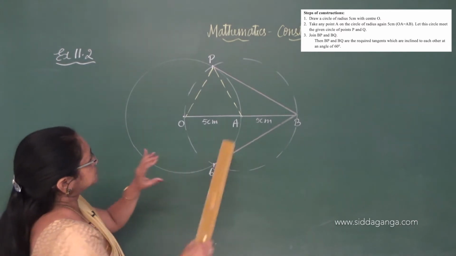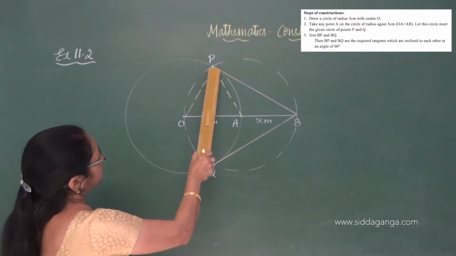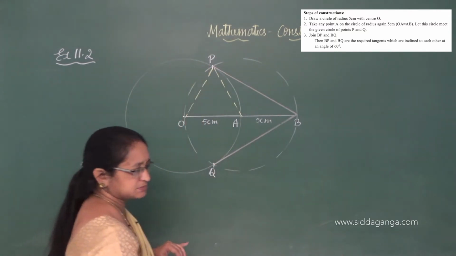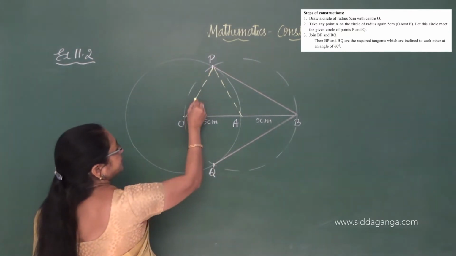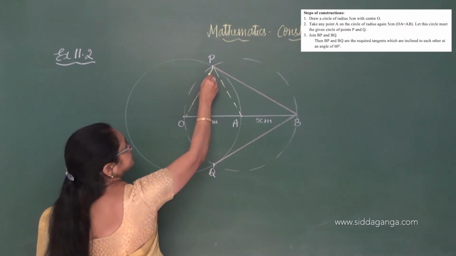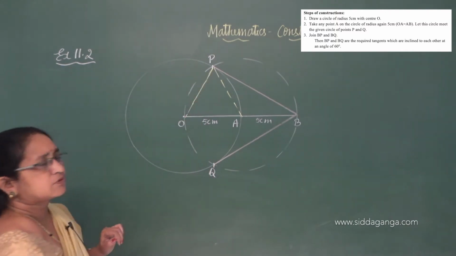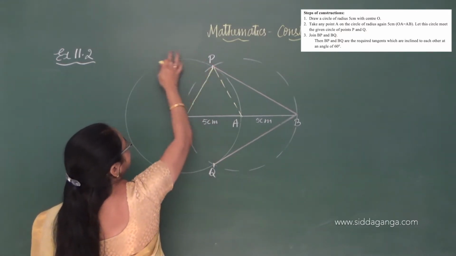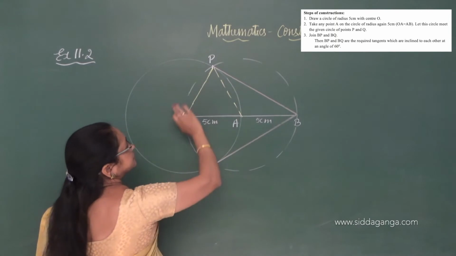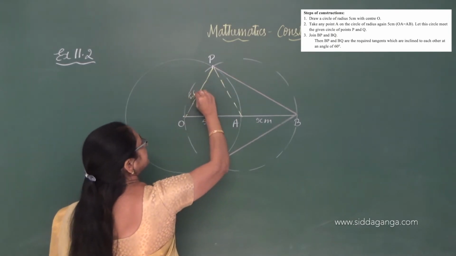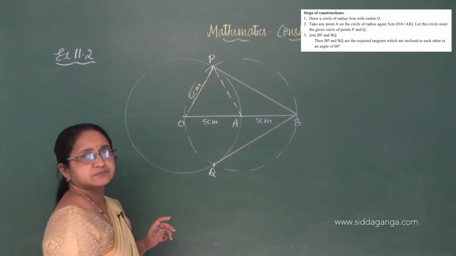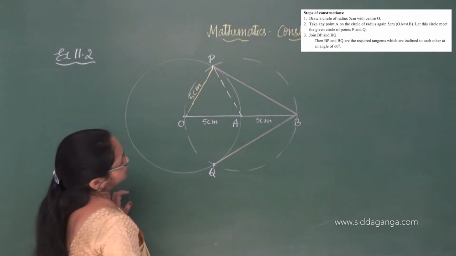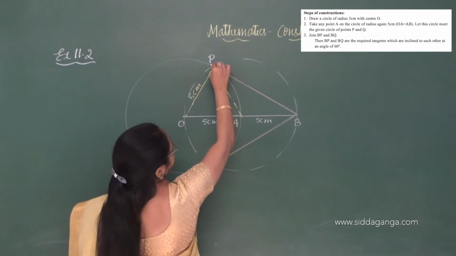Now just observe carefully. PO, which I have drawn with yellow color chalk, is nothing but the radius of the given circle. So definitely this will be 5 centimeter. I hope you understood this. Next, just observe this PA.